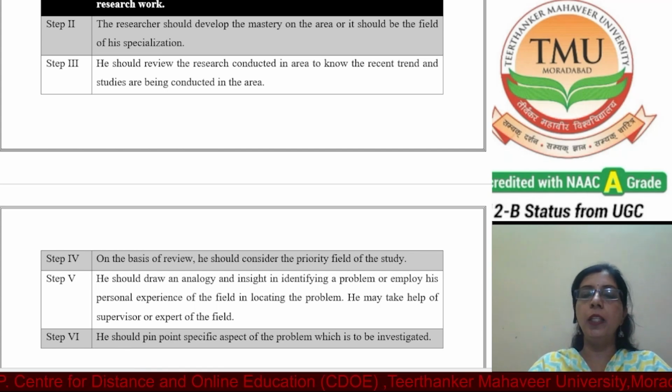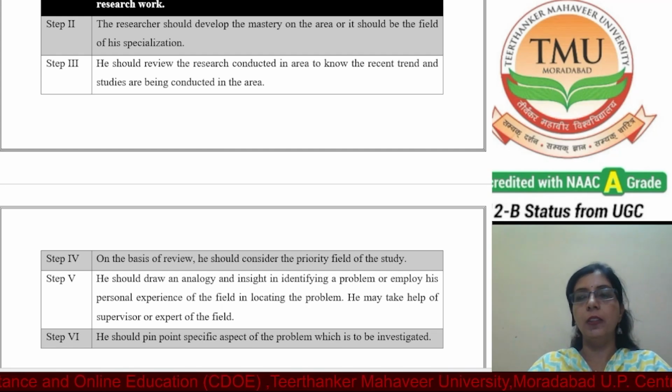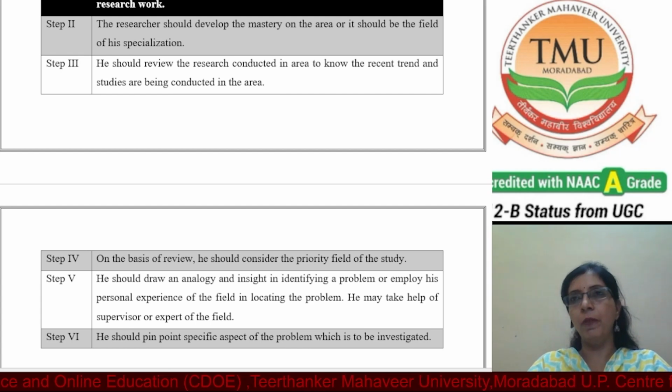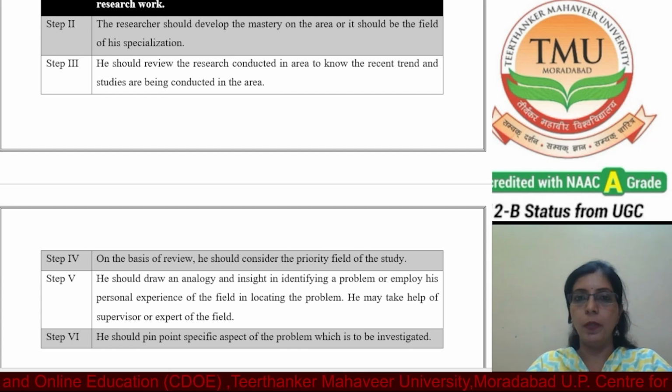It will be a difficult task to throw any new light in such a case. So to avoid repetition, the subject should be something where there is some scope for work.